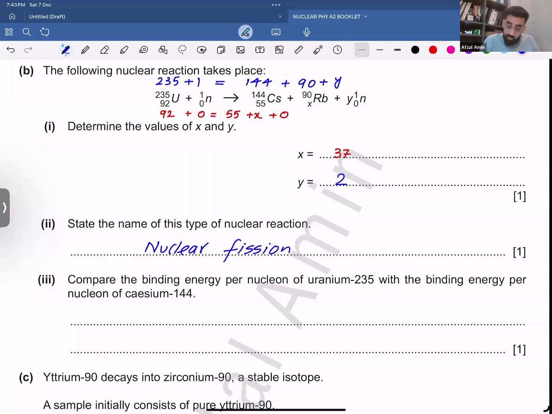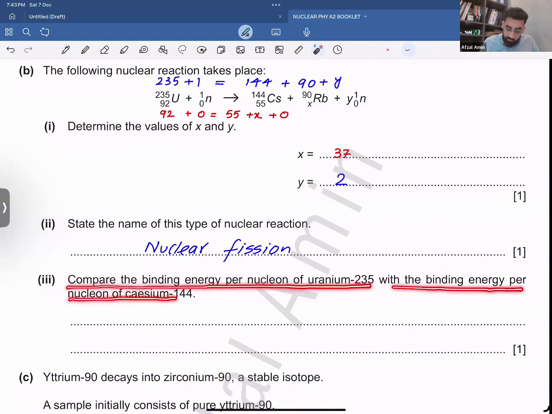Now they say compare the binding energy per nucleon of uranium with the binding energy per nucleon of cesium. Dear students, you know cesium is a product. Products are always more stable. Uranium is a parent, so uranium is unstable, right?